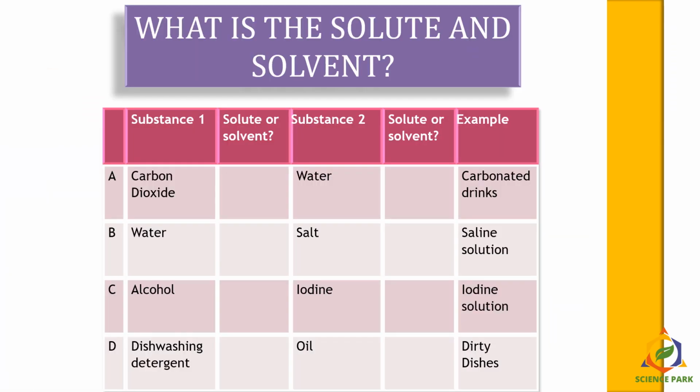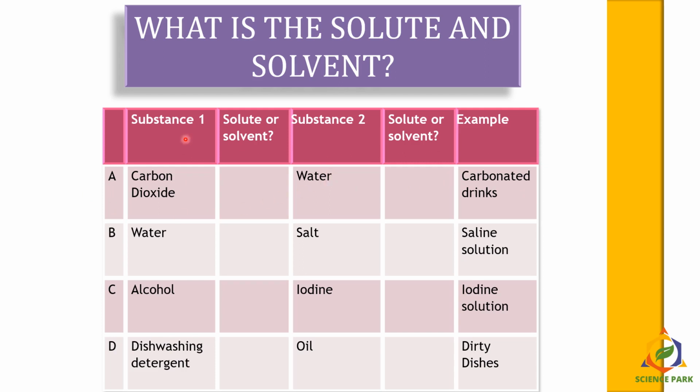Now here I am giving you a small quiz where I have given you certain substances, substance 1 and substance 2. You need to understand which is a solute and which is a solvent here. For example, I have given you carbon dioxide as substance 1 and water as substance 2.